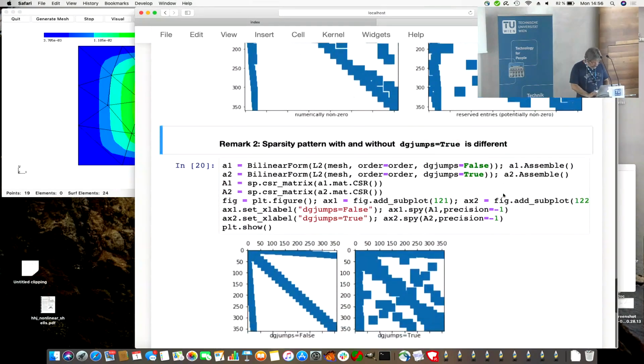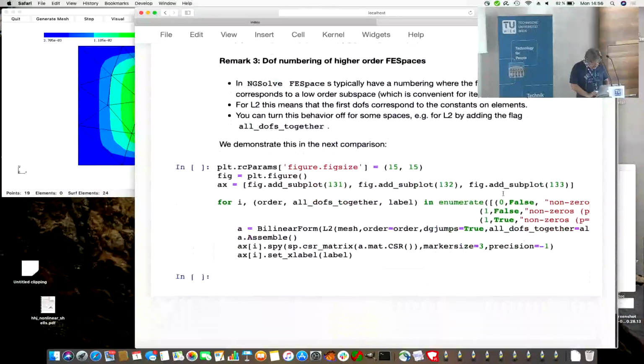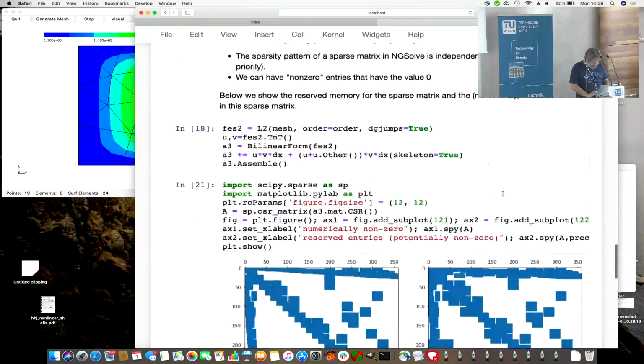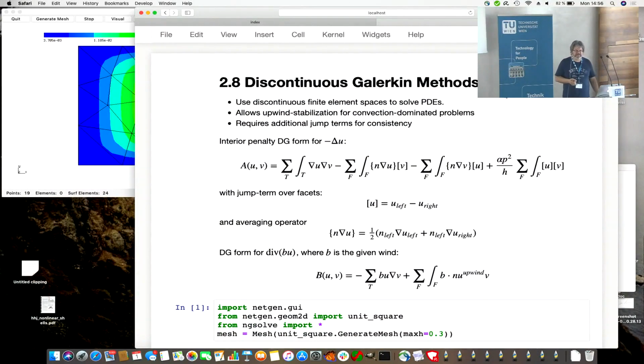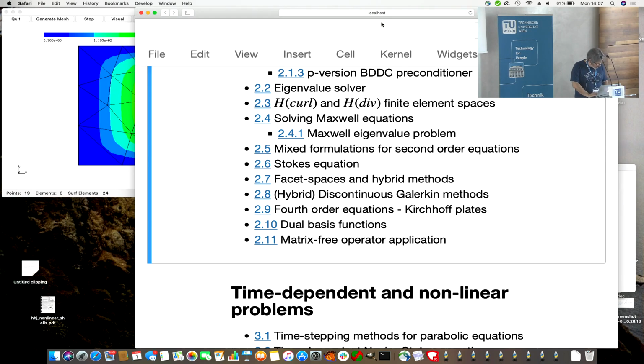You can look into more details if you like. I'm going quickly over it. Okay, this is the way you can specify DG or hybrid DG in NGSolve. You will see more on this in the Stokes, Navier-Stokes section, where you see how it makes sense to discretize Stokes with, for example, H(div)-conforming DG elements, in the part by Christoph.